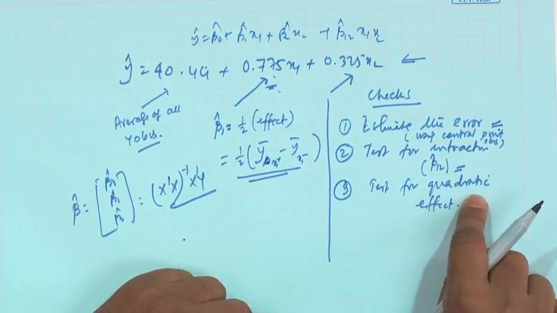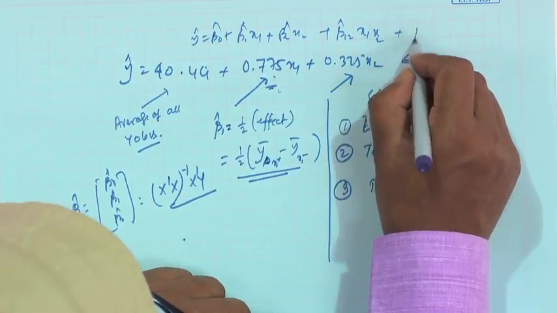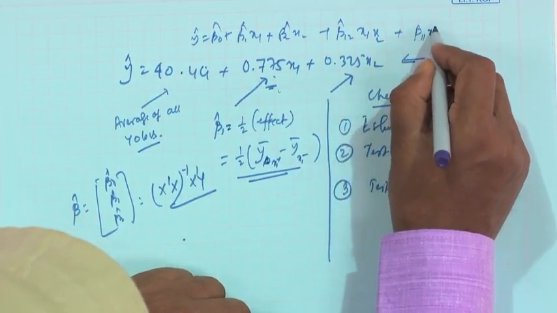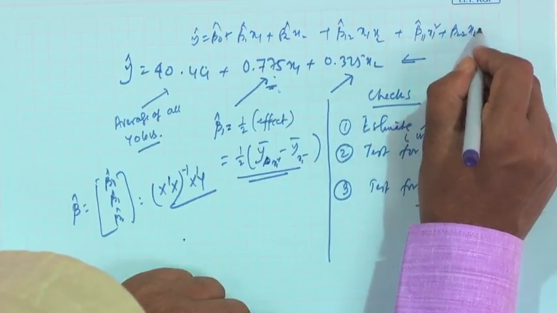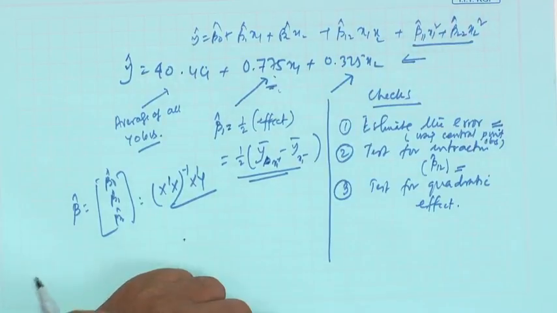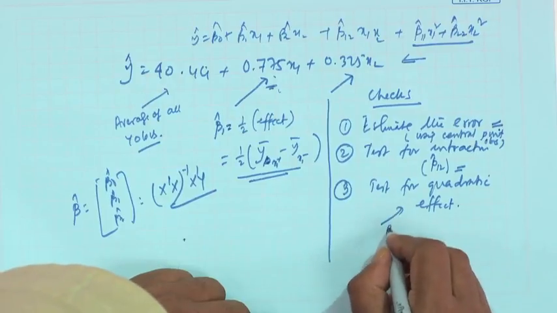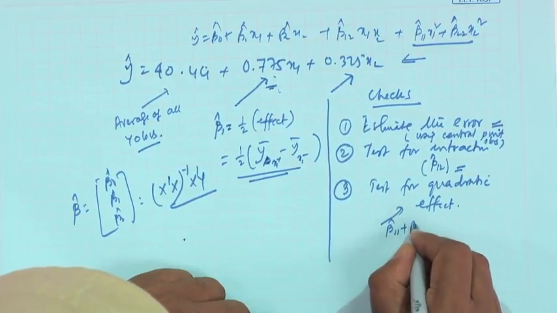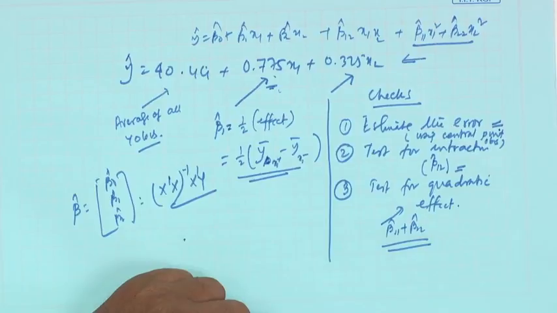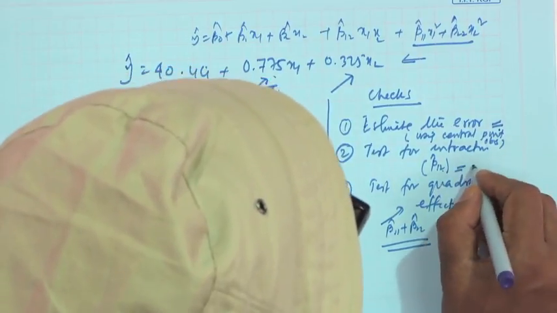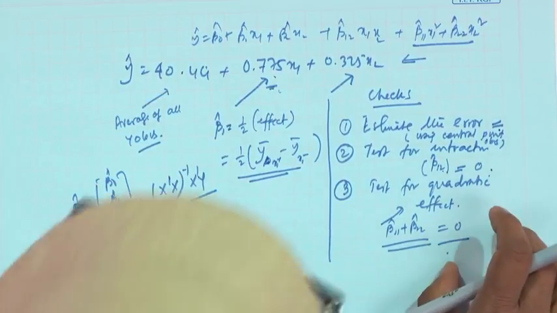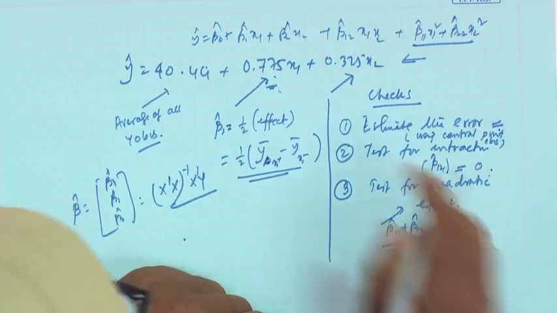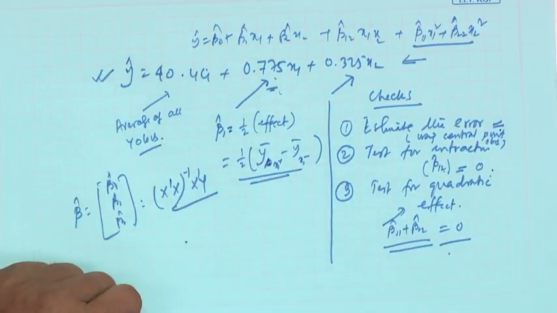When we talk about quadratic effect, you may add something like beta 11 x1 square plus beta 22 x2 square. You want to test whether beta 11 cap plus beta 22 cap are significant or not. If you find that this is equal to 0 and the test is accepted, then you consider the first order model.